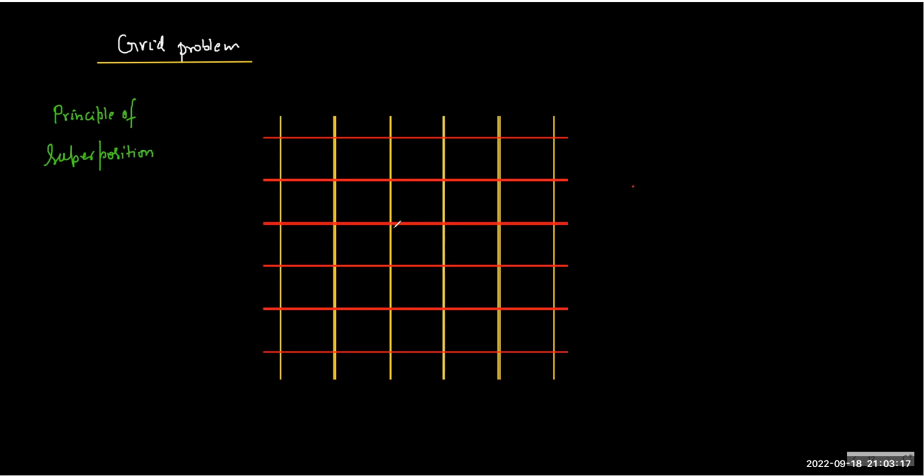According to this principle, if you want to find the C equivalent between A and B, generally what we do is A and B is connected to some sort of imaginary black box. This is called the black box model. We don't know what is inside.